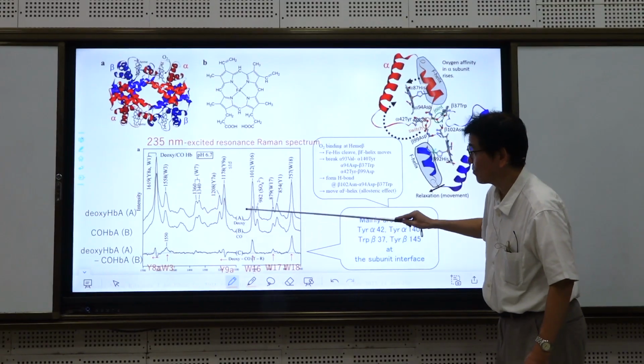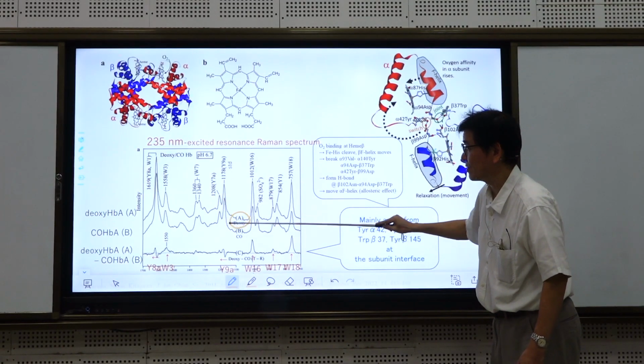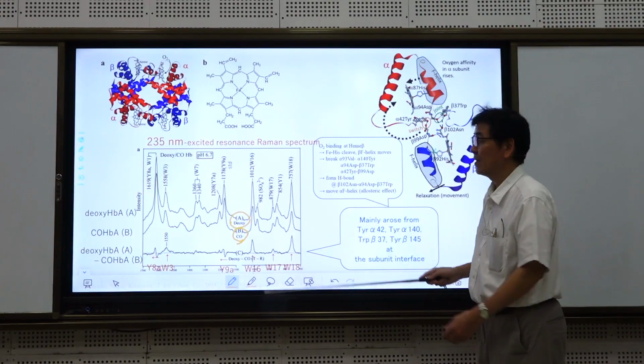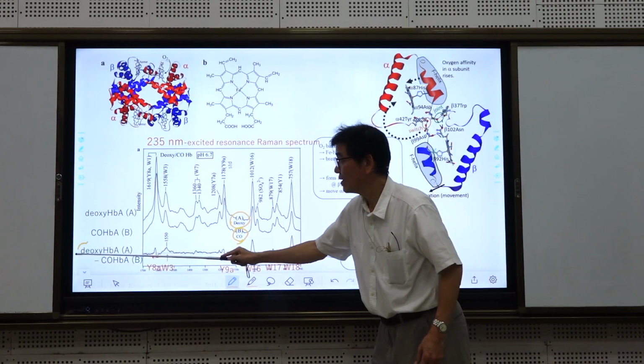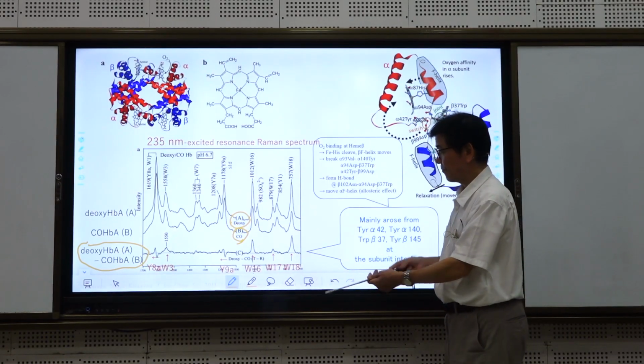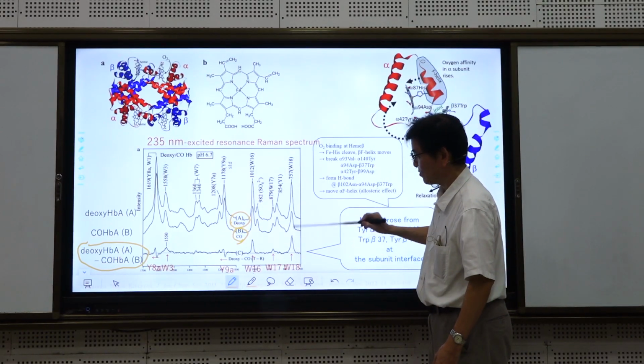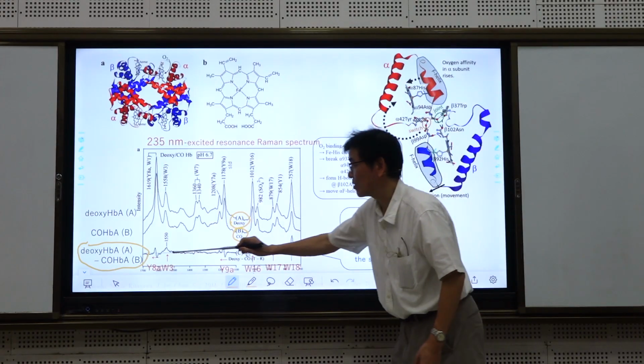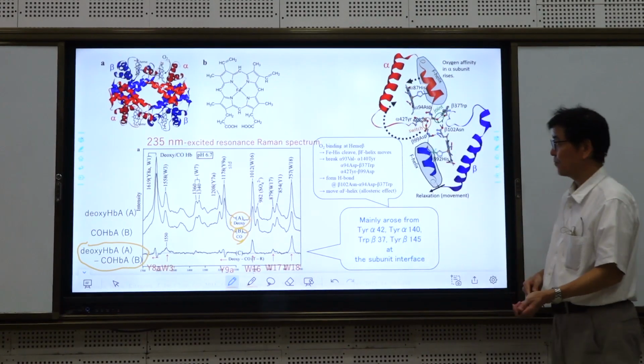Then they compare the deoxy state and CO bound state. The bottom is the spectral difference, and we see some positive peaks, negative peaks, or peak shift.